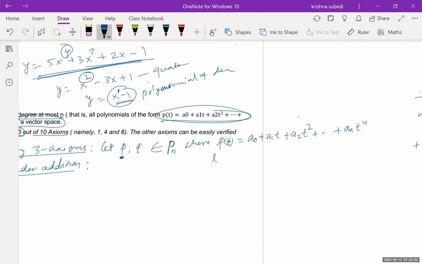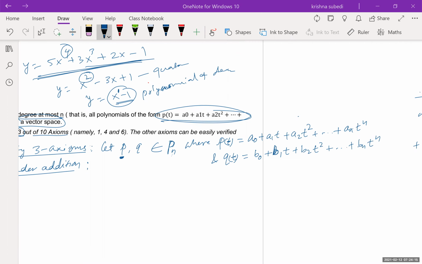And q of t is another object in that container, another polynomial. So let's say this is b naught plus b1t plus b2t square plus all the way to bn tn.